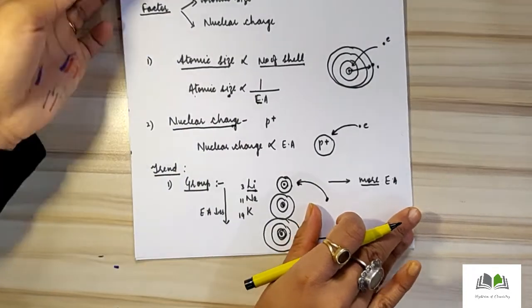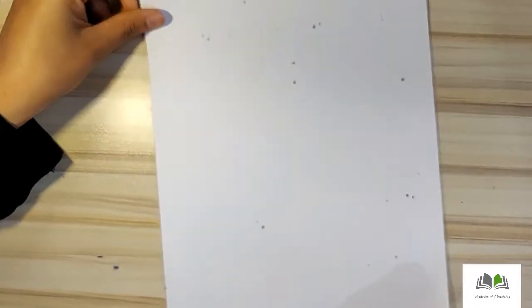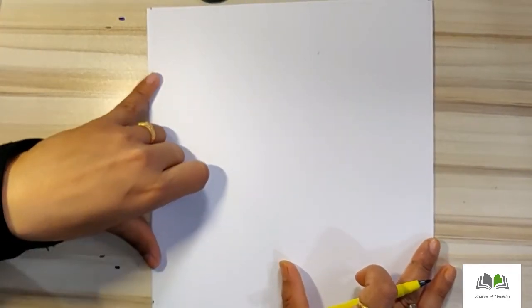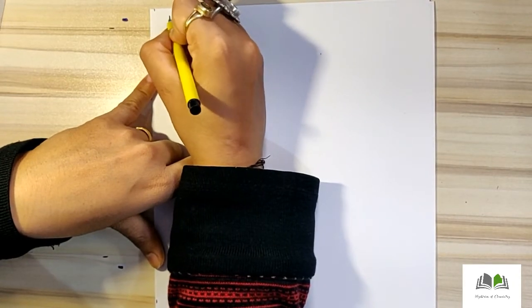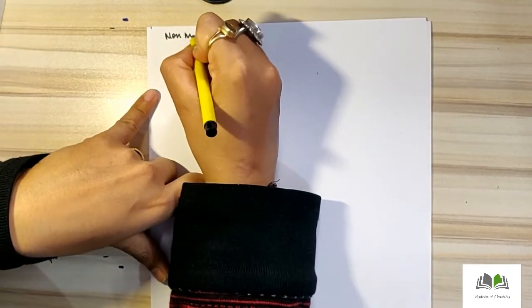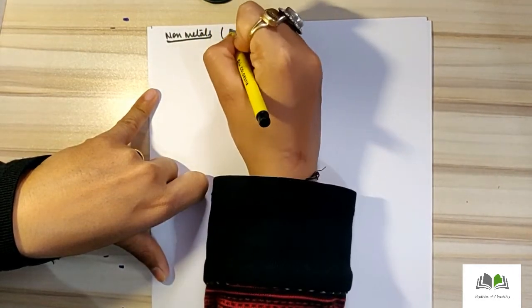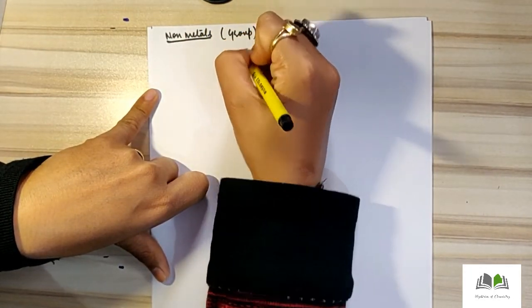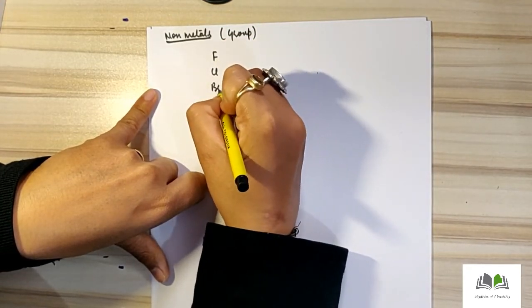Okay. Now next, we will talk about electron affinity value in a group in case of non-metals. We will take the example of fluorine, chlorine, bromine.